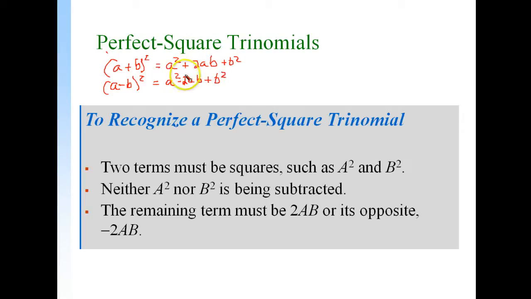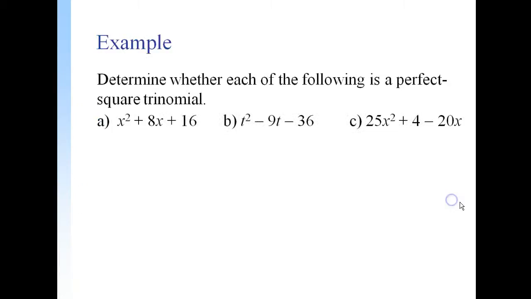So you see these are pretty much the same except for the middle sign, which is determined by the middle sign over here. And these are called perfect square trinomials. So if something's a perfect square trinomial, it will be factored into a binomial squared, which is like a little shortcut, if you can recognize it.